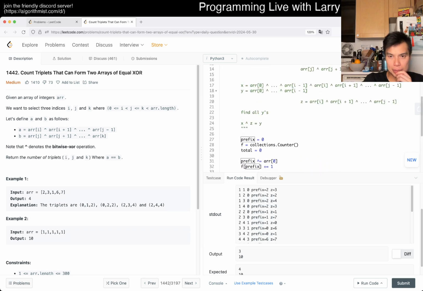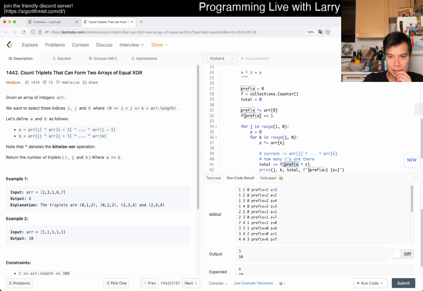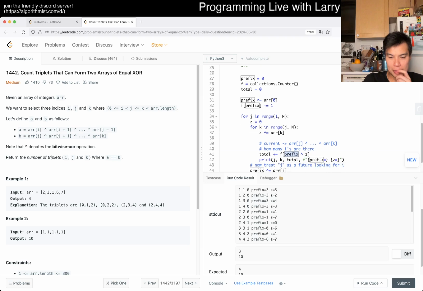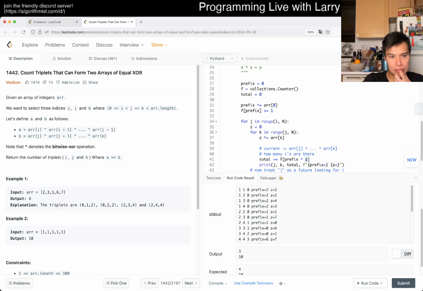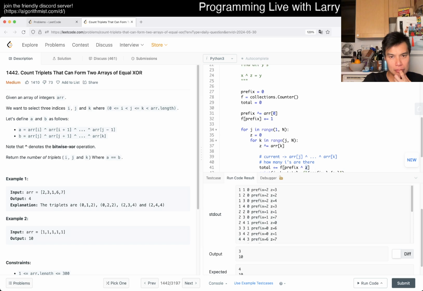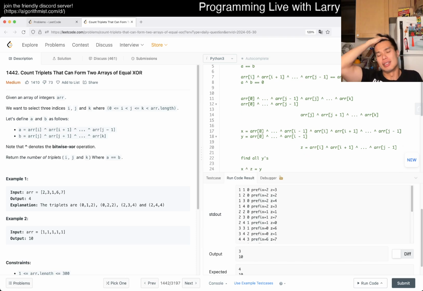What is prefix? Prefix is everything, right? 2. So then now this is this. What is this? How am I counting it? The prefix is 0 or to 0.